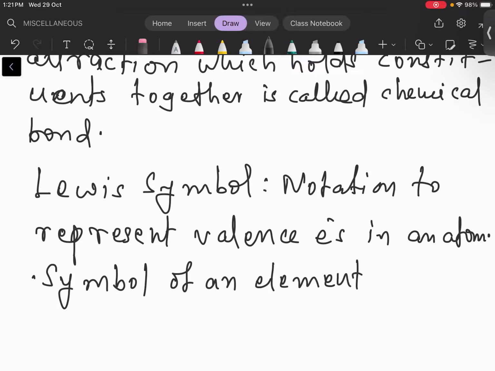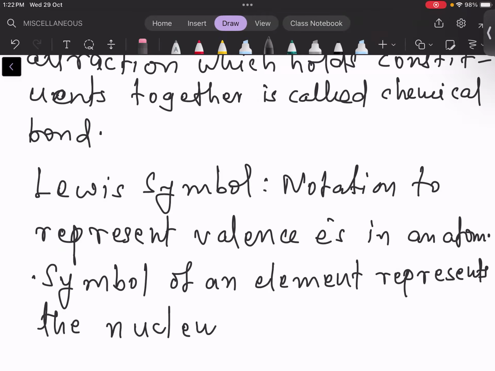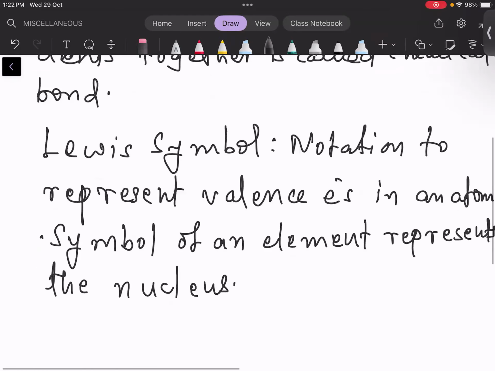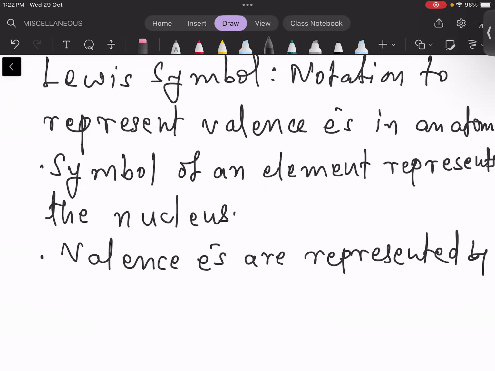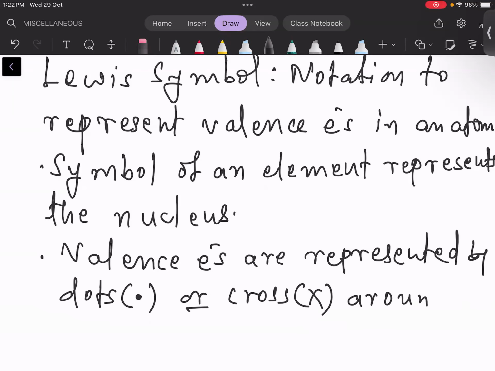Now, valence electrons, they are represented by dots or cross around the symbol.